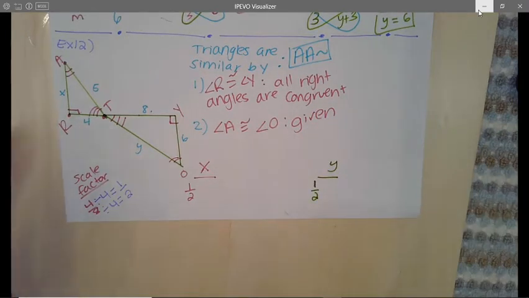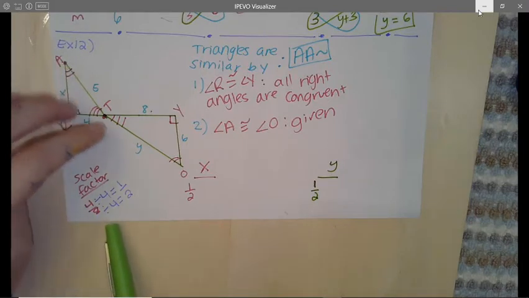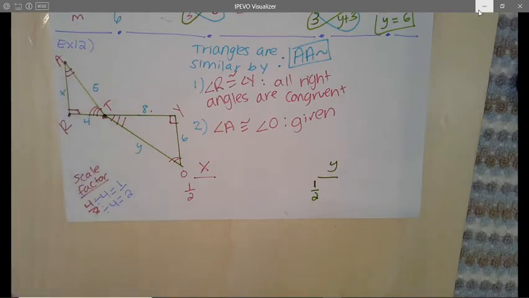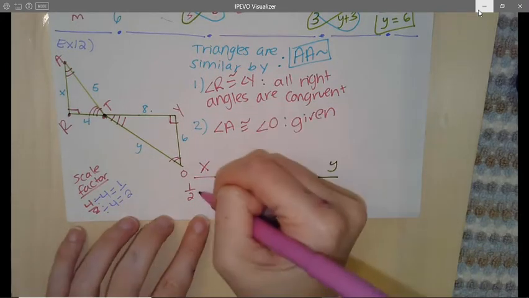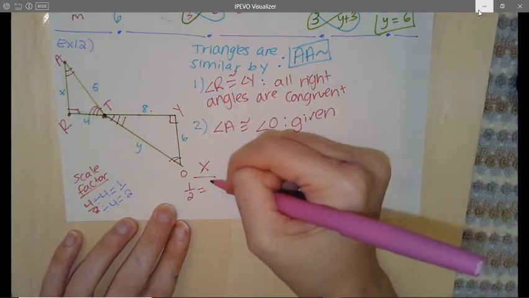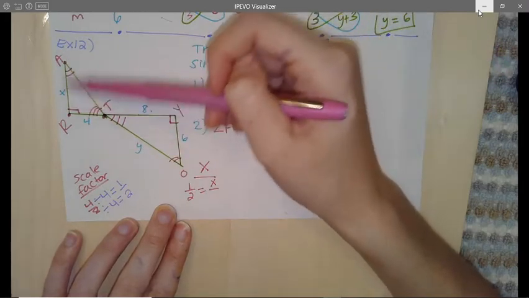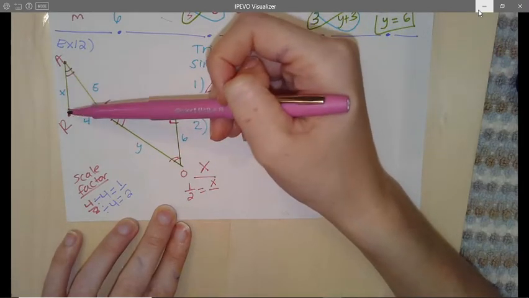Okay, and don't forget, I started from my small triangle first in the numerator, and I went to my larger triangle in the denominator. So I need to make sure I stay consistent. X happens to be in my smaller triangle, so I know I'm going to write that first. And then the side that corresponds to X, well, X is in between the 2 arcs and the right angle.